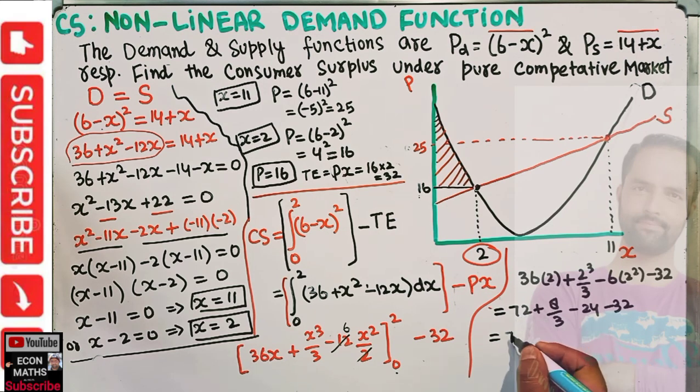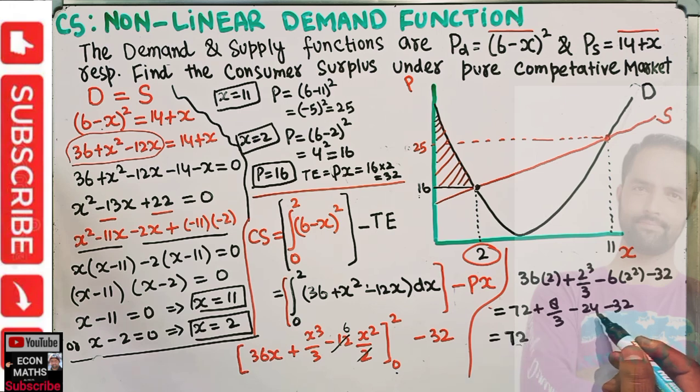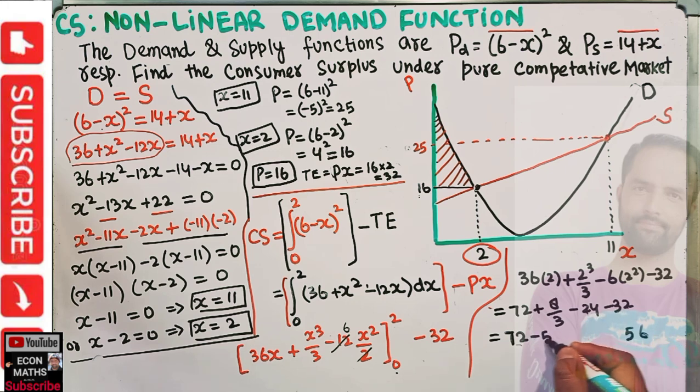So we have 72 minus 56. Then I will add this last term, 8 upon 3. So this comes out to be 16 plus 8 upon 3.